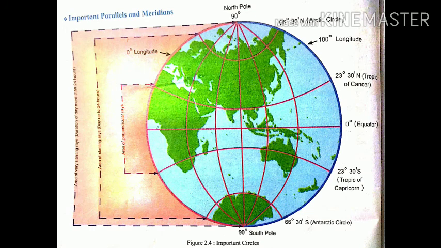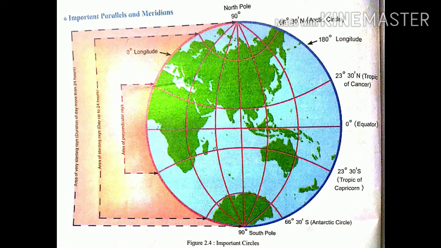Next are 66 degree 30 minutes north, which is called as Arctic Circle, which is present in northern hemisphere, and 66 degree 30 minutes south, which is present in southern hemisphere, and it is called as Antarctic Circle.